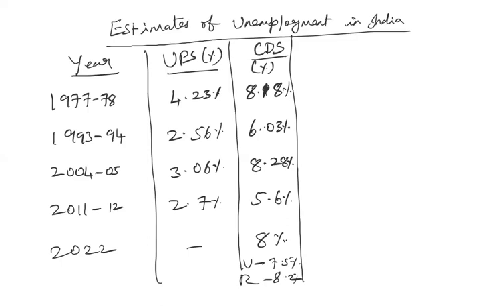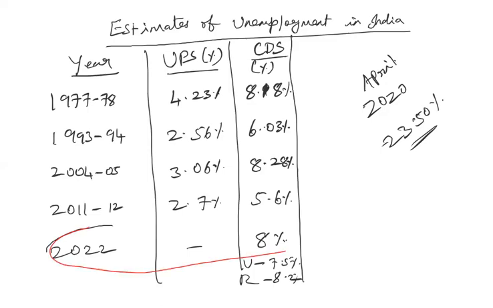And we had a record unemployment in April 2020, 23.50%. So as of now, the unemployment rate in our country is 8%. Like 10 years back, it was only 5.6. So this is the current level of unemployment in our country.